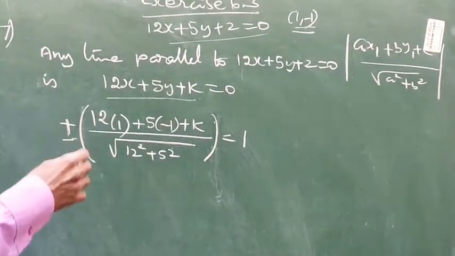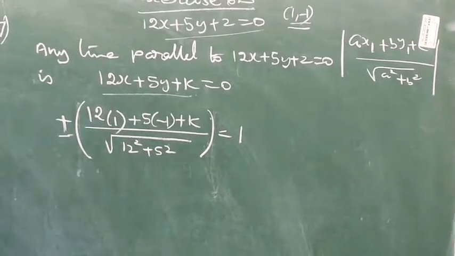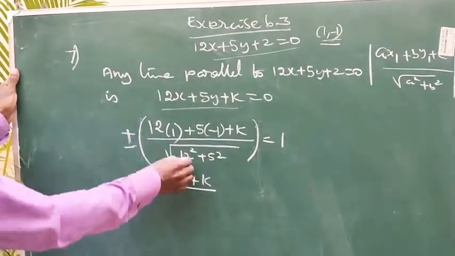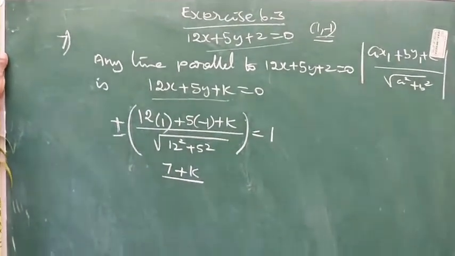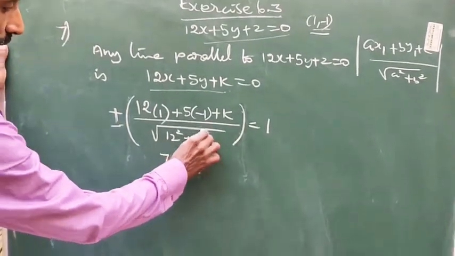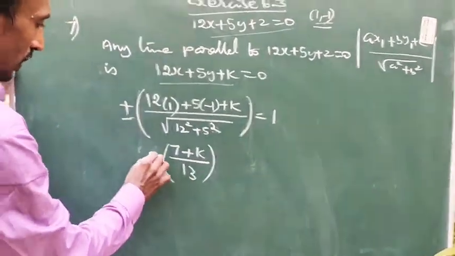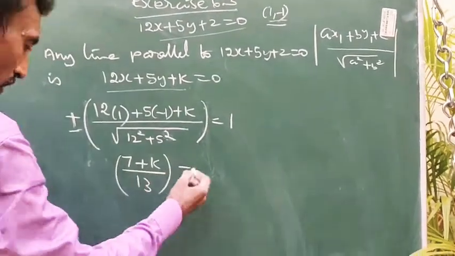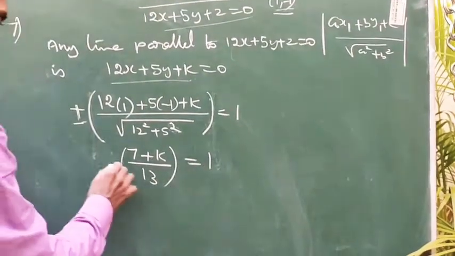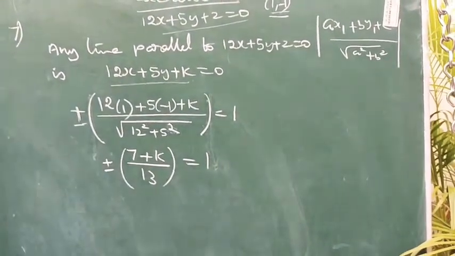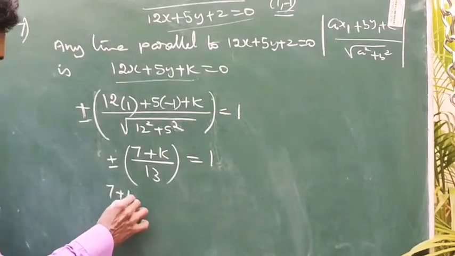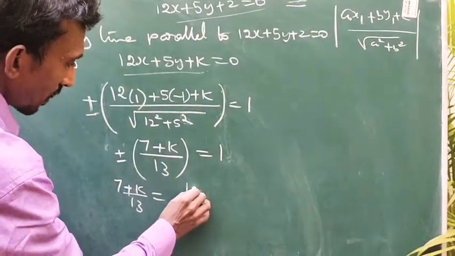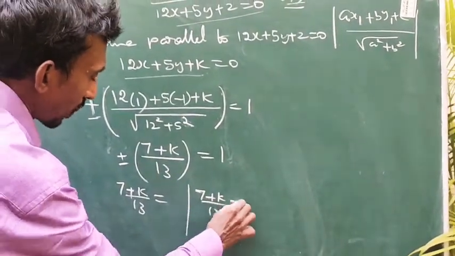Now 12 minus 5 is 7, so 7 plus k divided by the root of 144 plus 25, which is 169. The square root of 169 is 13. So we can take either side: 7 plus k by 13 equal to 1, or 7 plus k by 13 equal to minus 1.